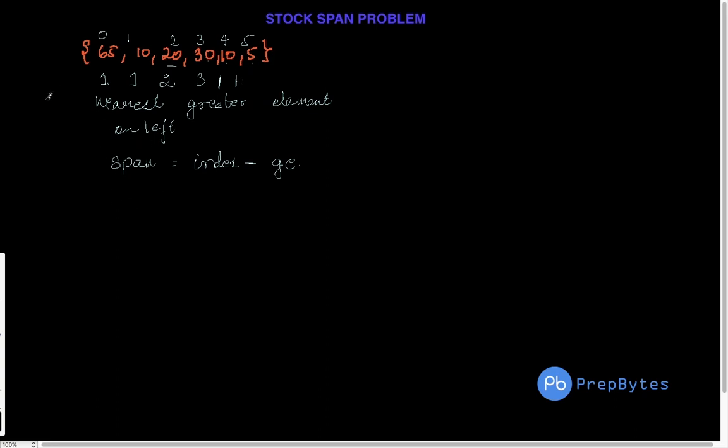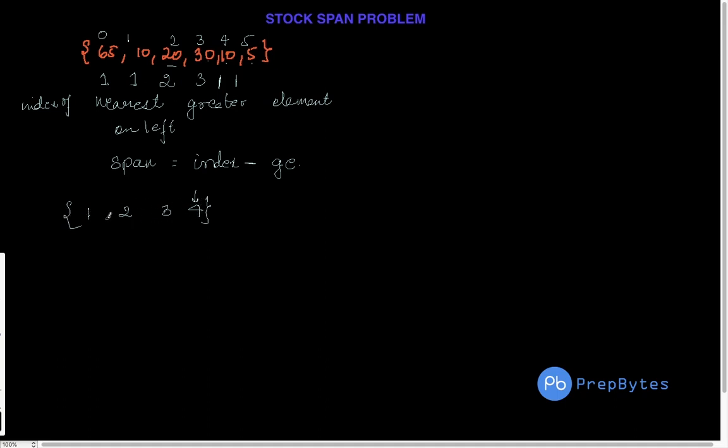We just find the index of the nearest greater element on the left, and we just do the subtraction from the current index. And let's say there is a scenario where we have something like 1, 2, 3, 4. In this case, there is 4 and all the elements on the left of 4 are smaller.